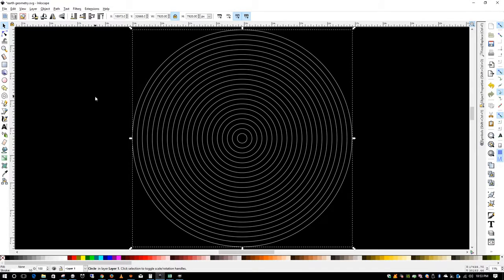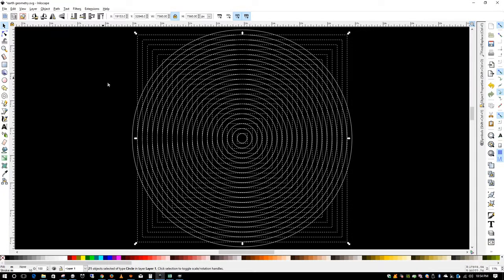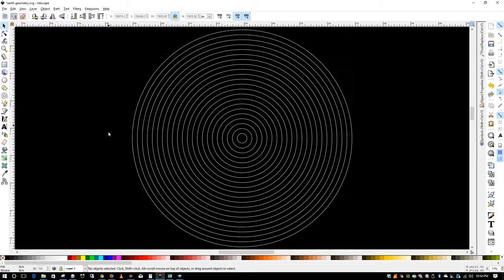So in order to understand the way that pi is going to look, if we take these rings and we divide 7,920 by 22, you'll notice that down here we have 22 objects. And our center object right here is our pi increment. And believe it or not, our pi increment is 360.